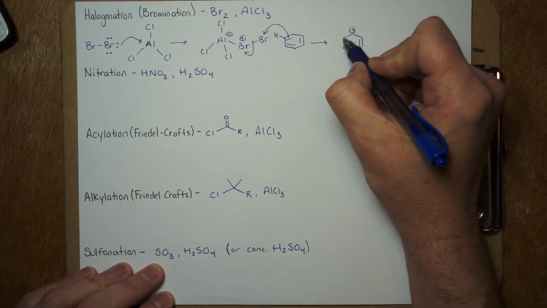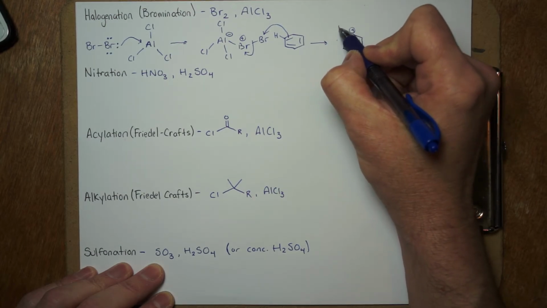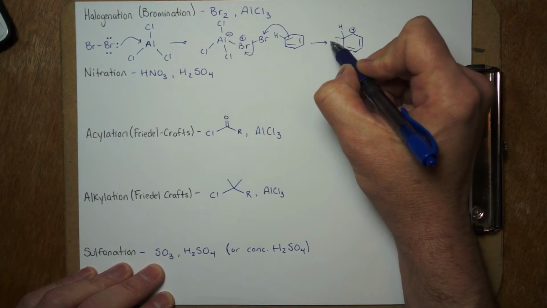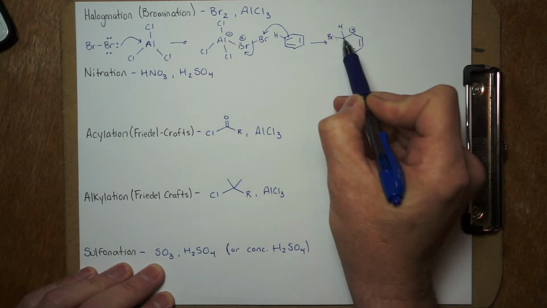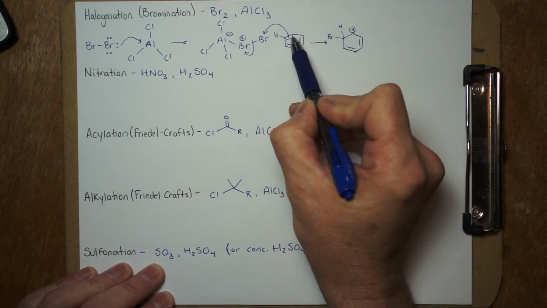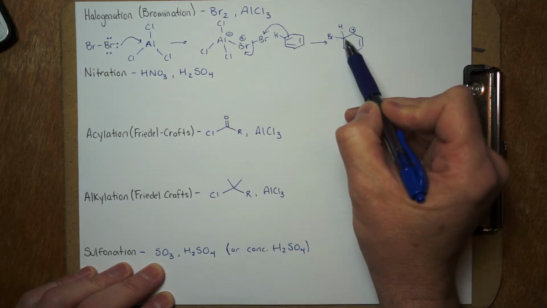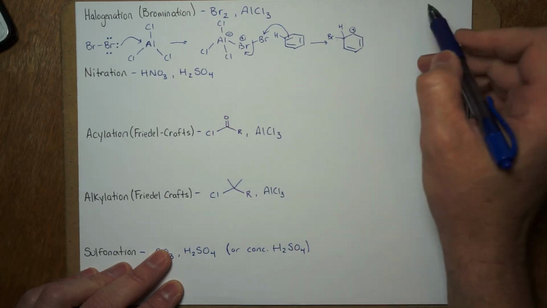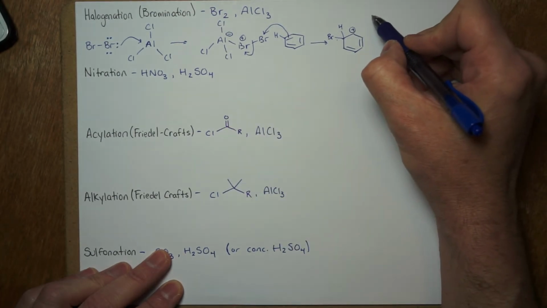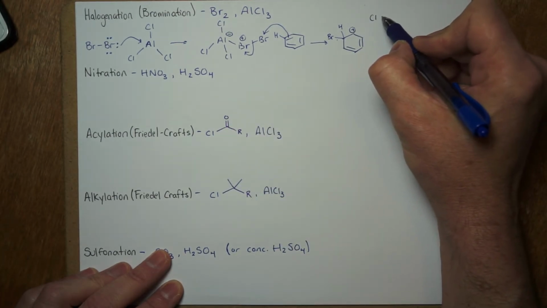And so now we've formed the arenium intermediate. Right, so our new carbon-bromine bond, our positive charge after the electrons left this carbon-carbon bond, and our hydrogen, and then left over we have our Cl3Al-Br.